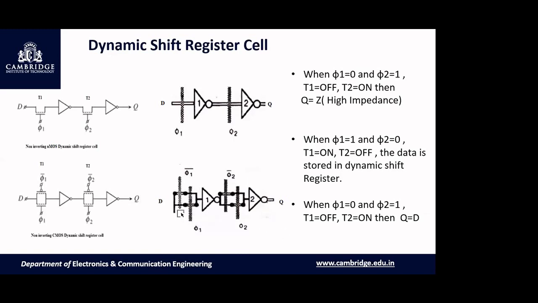So in this transmission gate, we have used NMOS and PMOS transistor. They are connected in parallel. NMOS is using phi 1 clock. Here you can see this is NMOS pass transistor, which is using phi 1 clock. The gate is connected to phi 1. Here you can see phi 1 bar clock, which is applied to gate of PMOS transistor.